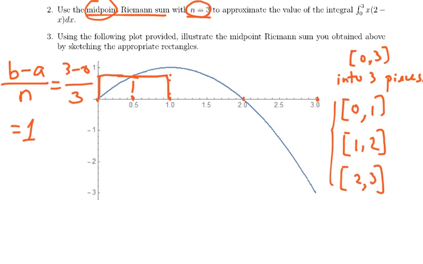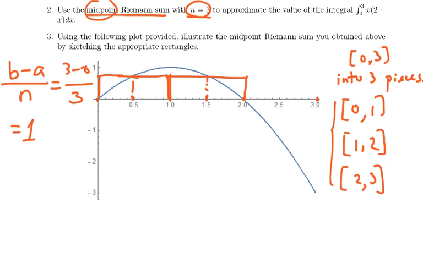And for the second interval from 1 to 2, our midpoint is 1.5, and then we find its corresponding function value and draw the rectangle, and it is here.